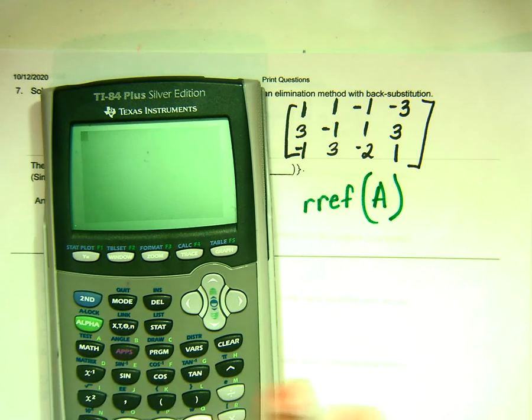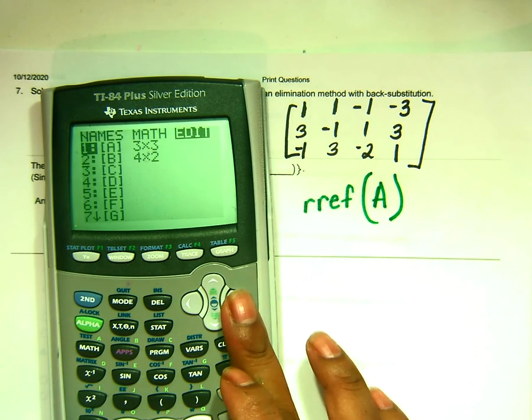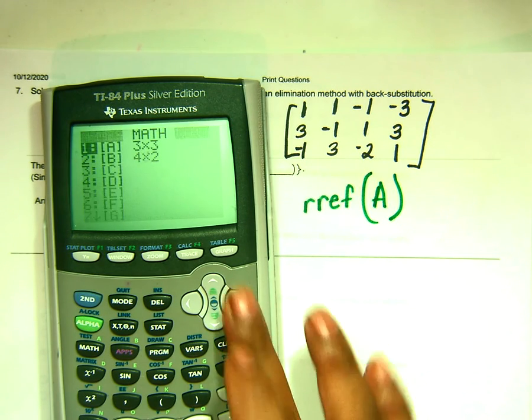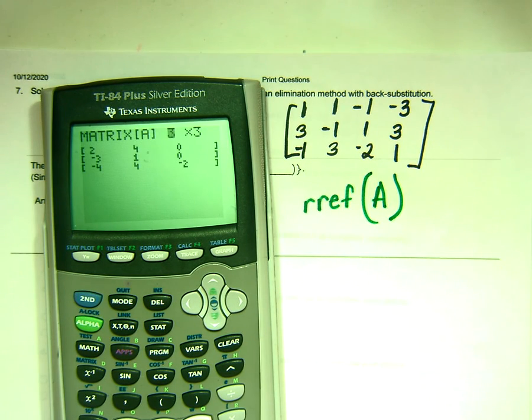So we know we're going to hit second, the matrix, use your right arrow key to edit. I might need to catch up. I keep hitting it too many times. We know that this is a 3 by 4 because you see 3 rows and 4 columns.